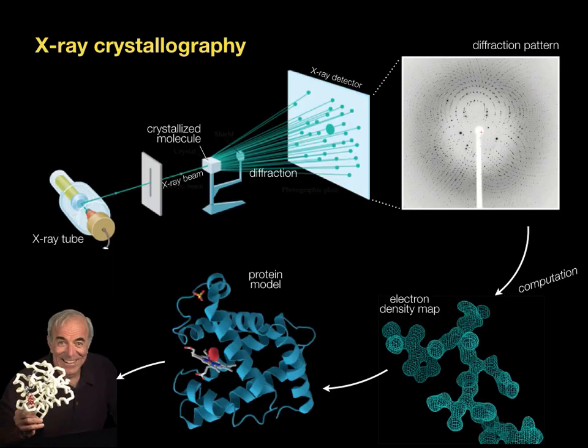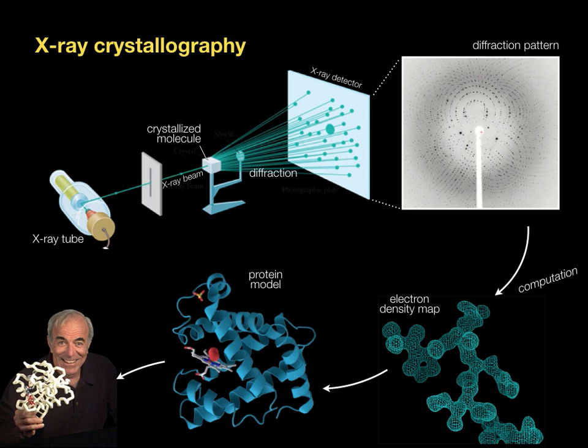Another way that we can study viruses, viral structure, is X-ray crystallography. In X-ray crystallography, what we need to do is get our sample crystallized, and that's basically having all the particles arranged in a regular way in a small crystal, and then we have that crystal here.